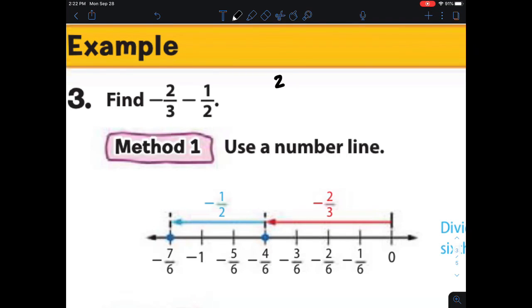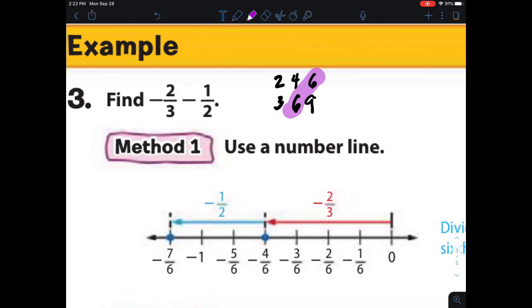So you want to find the least common multiple of 3 and 2. This is 2, 4, 6. This is 3, 6, 9. And I already found the least common denominator of 6.